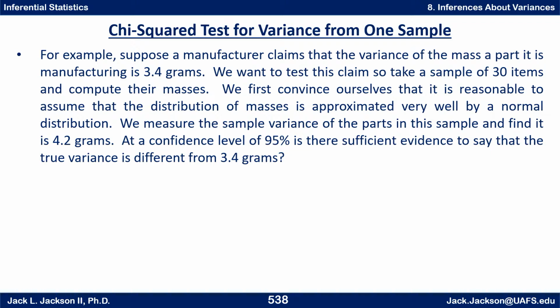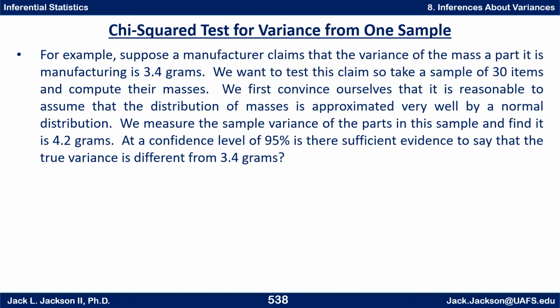We first convince ourselves that it's reasonable to assume that the distribution of masses is approximated very well by a normal distribution. We measure the sample variance of the parts in the sample and find it is 4.2 grams. At a confidence level of 95%, is there sufficient evidence to say that the true variance is different from 3.4 grams? So now we're doing a hypothesis test rather than a confidence interval, but it is for variances.